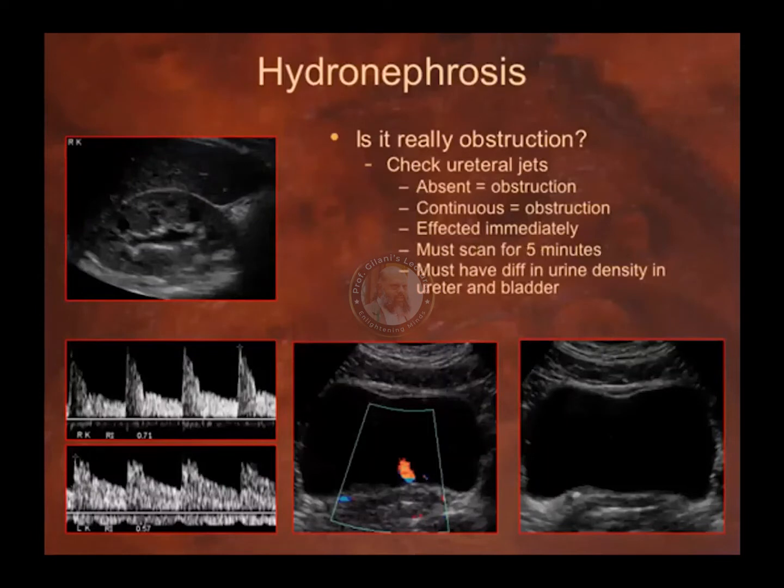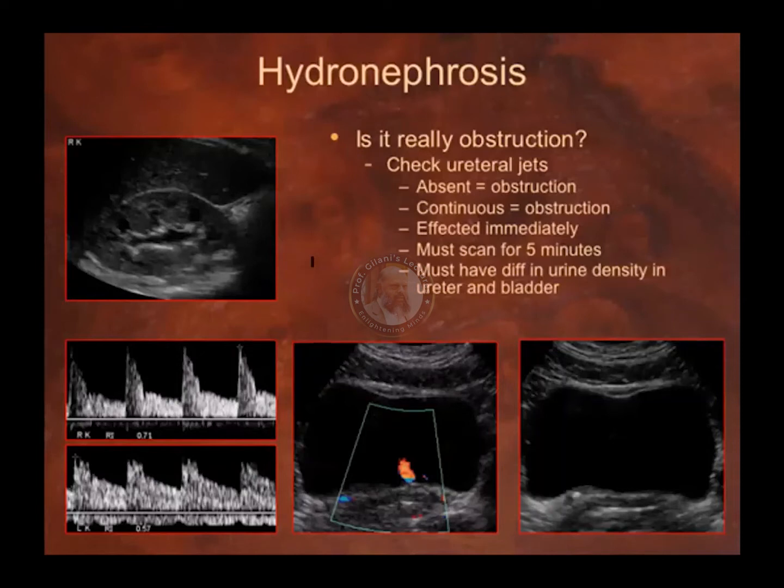There must be a difference in urine density in the ureter and bladder. So if there is obstruction, the urine in the ureter will be different in appearance as compared to the urine in the urinary bladder. Even the appearance of urine in the ureter will be different from that in the collecting system, shown as hydronephrosis.